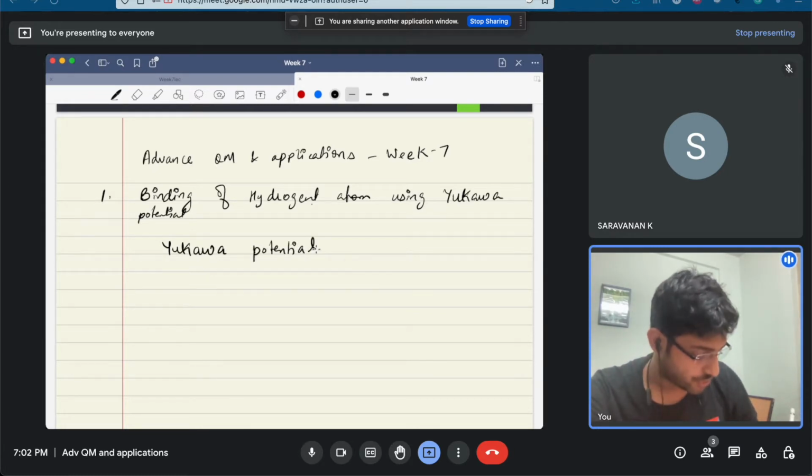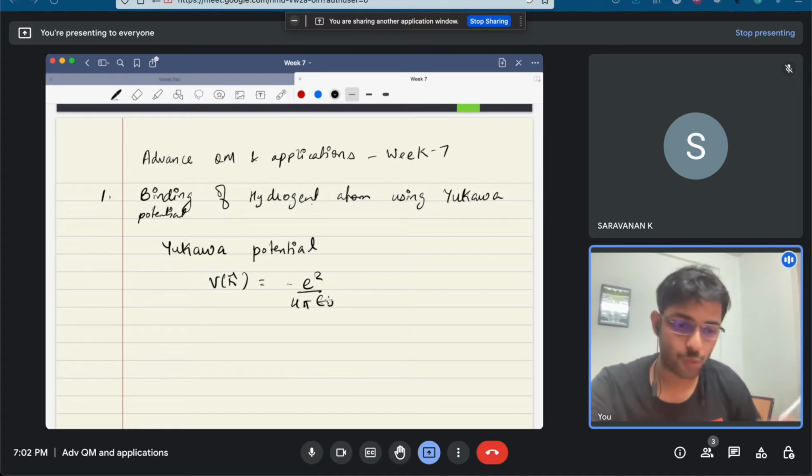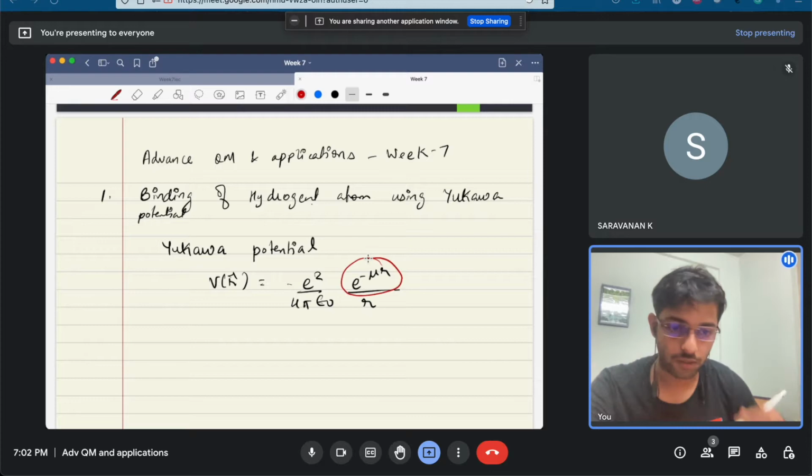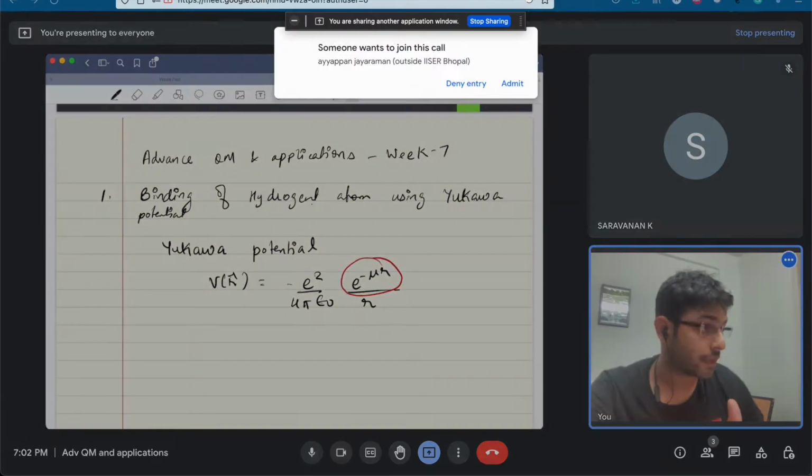So the Yukawa potential is defined as V(r) = -(e²/4πε₀) e^(-μr)/r. So it is similar to what you have in a Coulomb potential, but we have an additional exponential here. So this is the extra term compared to the Coulomb potential that we generally have in a hydrogen atom.